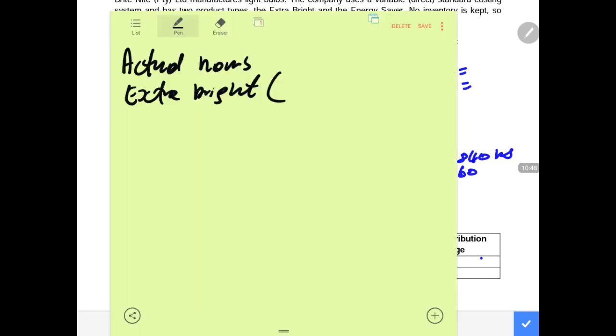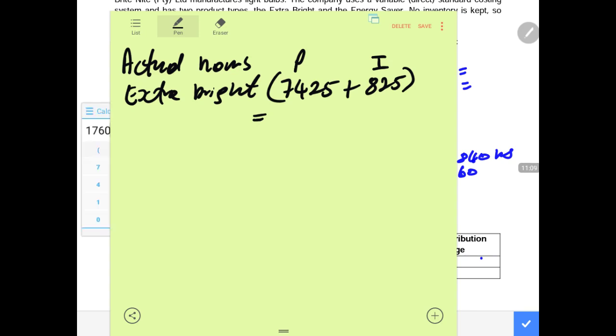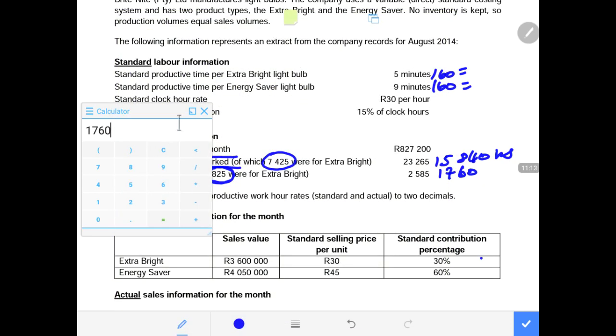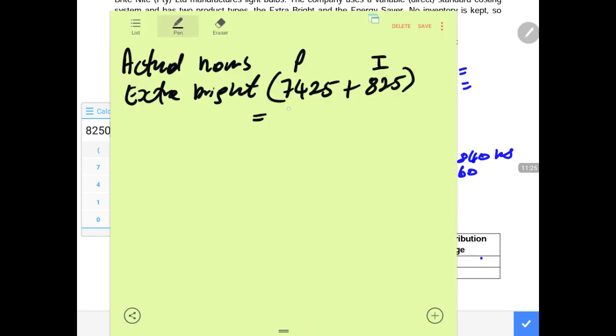Adding the two, 7,425 plus 825, gives us 8,250 total actual hours for extra bright.